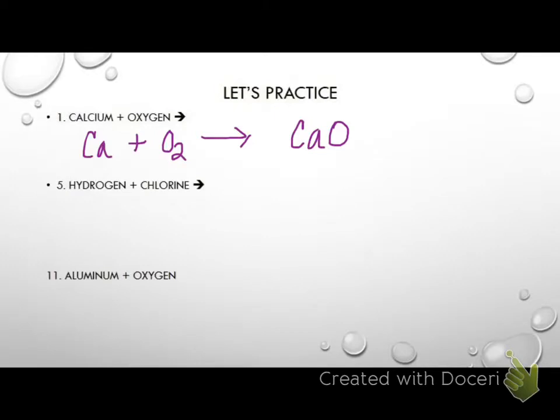I have a 2 for oxygen here, and only a 1 on the other side. The way I can fix that is to put a 2 in front of there. And now I have 2 calcium, so I need to go back and put a 2 in front of there. Now I double check that I have 2 calcium and 2 oxygen on both sides, and I do, so that is balanced.